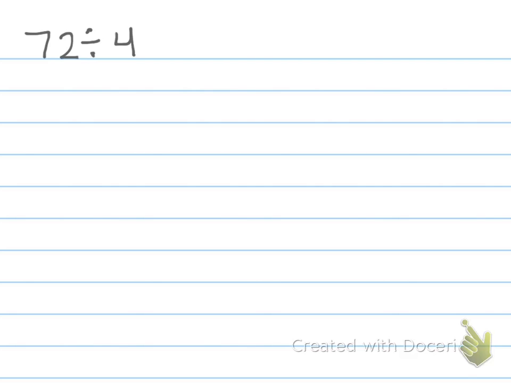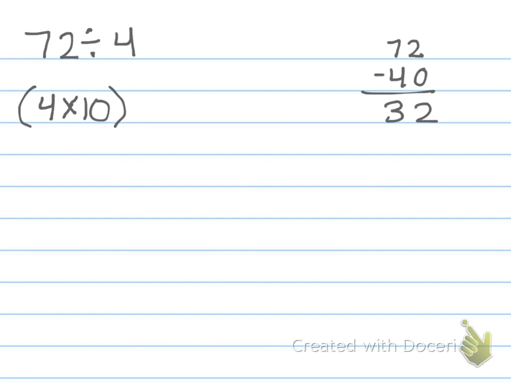Alright, so 72 divided by 4. Let's split up 72 into two addends that are going to be divisible by 4. Again, always start off with 4, or whatever your divisor is, times 10 and see what that gets you. 4 times 10 is 40. 72 minus 40, I think, is 32. And can 4 go into 32?